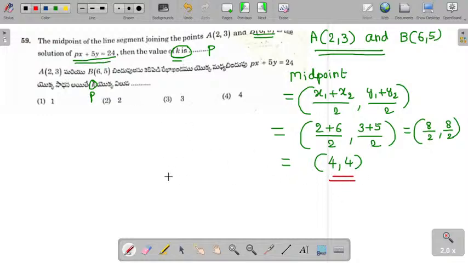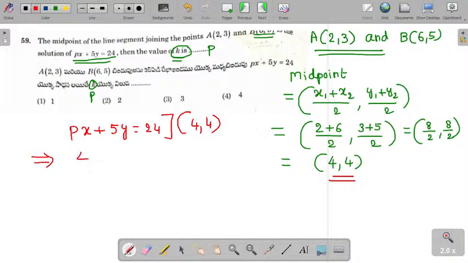According to the problem, this 4 comma 4 lies on this line. Solution means it satisfies. So let us substitute: px plus 5y is equal to 24 is satisfied by this point 4 comma 4. Substituting x as 4, 4p plus 5 into 4, 20, is equal to 24.